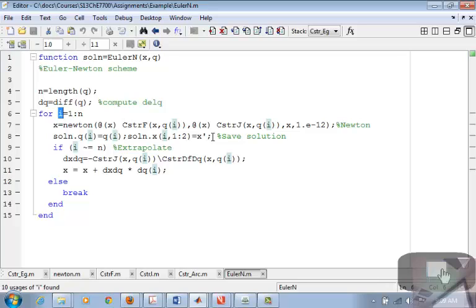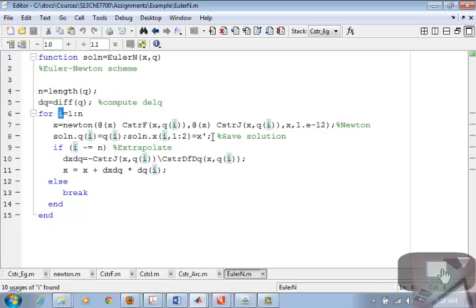Okay, so now the Euler-Newton method continues. So I say if I is not equal to n, why is that? If I is equal to n, I don't want to calculate the last tangent vector. Okay, if I is not equal to n, calculate dx/dq. Okay, but dx/dq is the equation that I wrote down earlier, minus J inverse times df/dq. Now I already have this function written, CSTR J, so I don't have to worry about it.